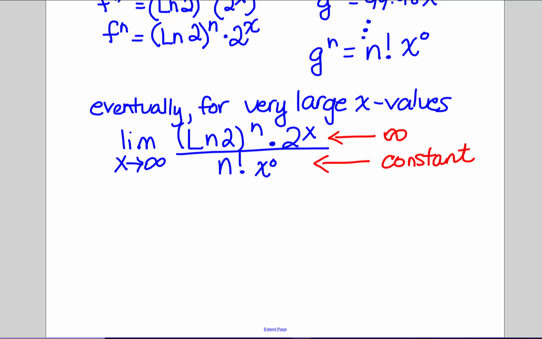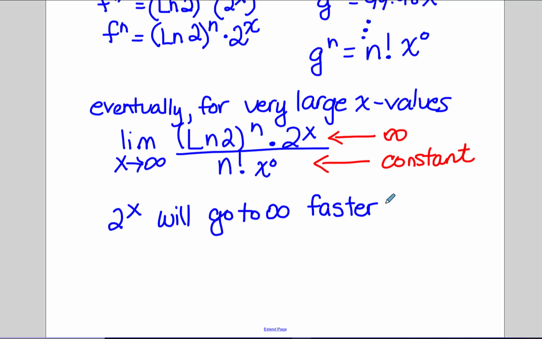And after doing a whole bunch of derivatives to get something like that, we would have to have a does not exist situation, because 2 to the x will go to infinity at a faster rate than any polynomial.